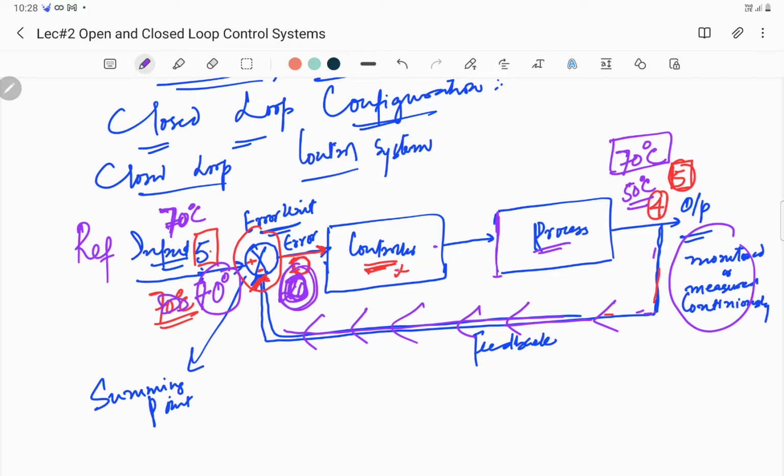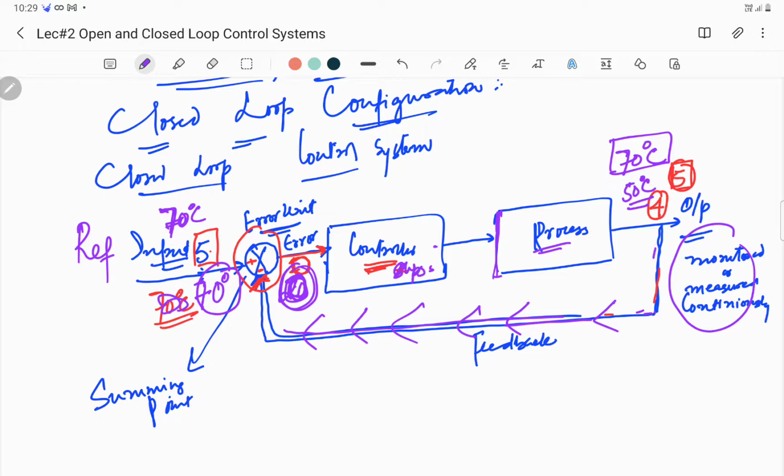So the controller stops working. It sends a signal to the processor that there is no more heating required, and the temperature within the geyser settles at 70 degrees centigrade. So this is typically a closed loop control system wherein output is fed back to the system so that it achieves the desired output.